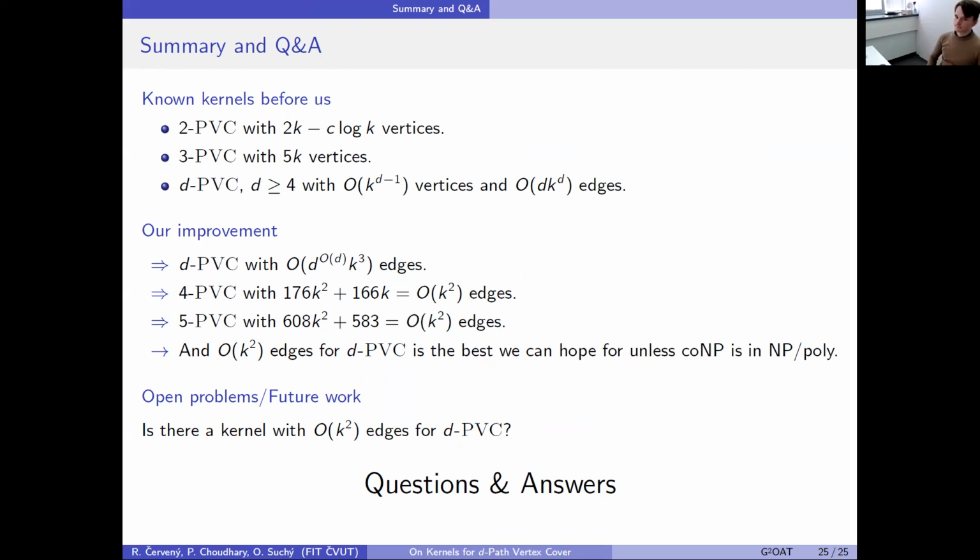Okay, maybe can I have a comment to that? Sure. Yeah, so in both of the cases, we start with the packing of d-paths, and we actually do not know what to do, even if after you do the packing, all you're left with are isolated vertices. Yes.